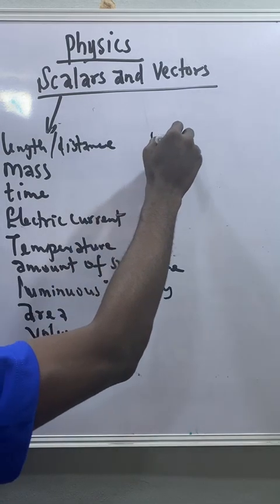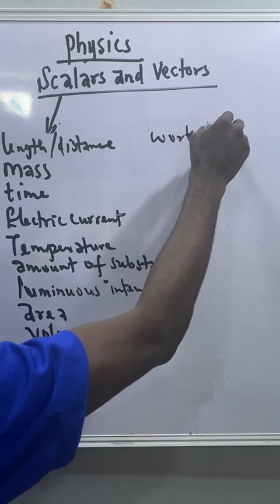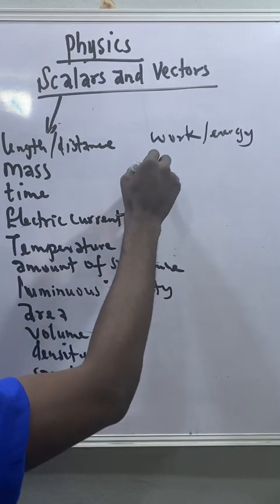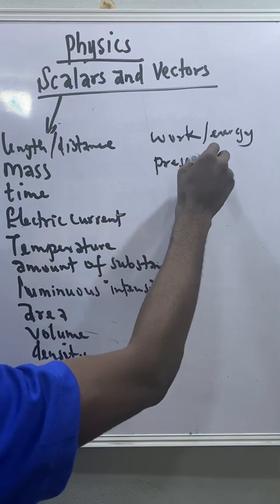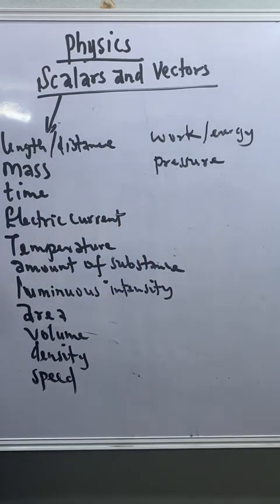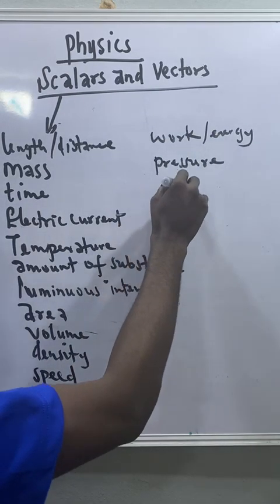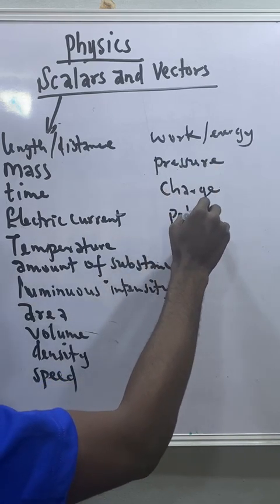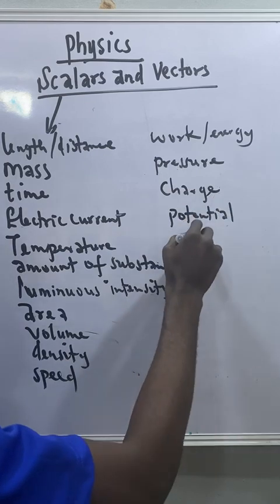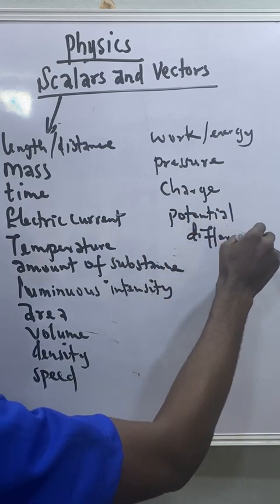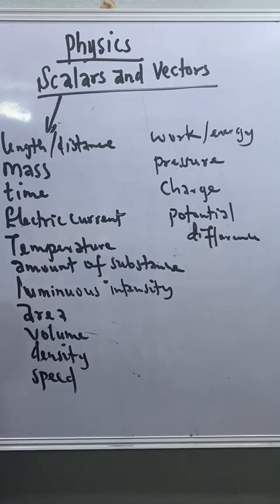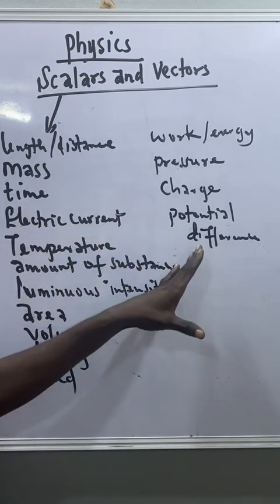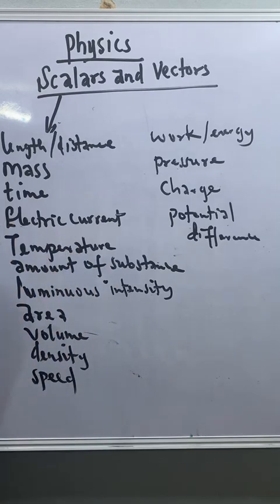We have work or energy. We have pressure. So at least all of this. Then let me put electric charge. Electric charge is a scalar. Potential difference. They are all scalars. Now all of these are termed scalar quantities. We have many more of them, but these are very common in physics. So it's very common to know that these are scalars.